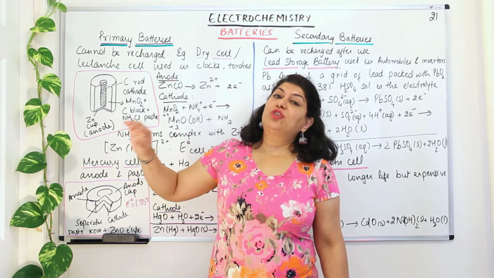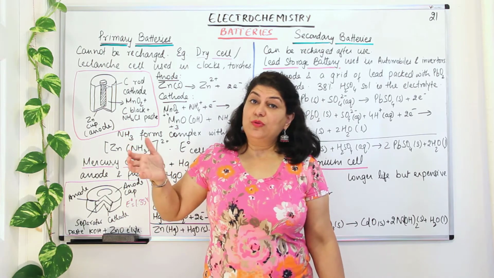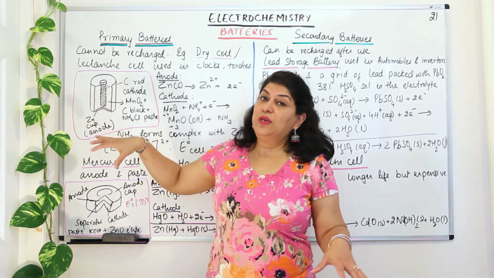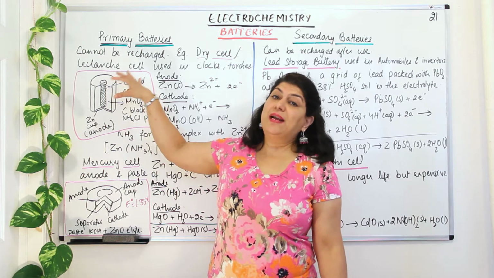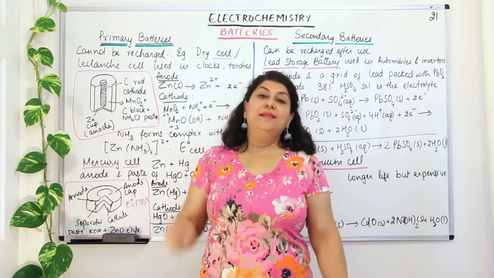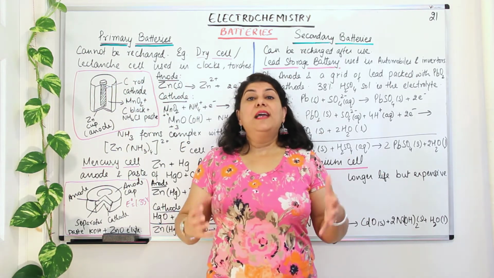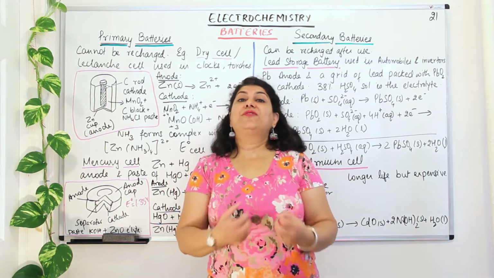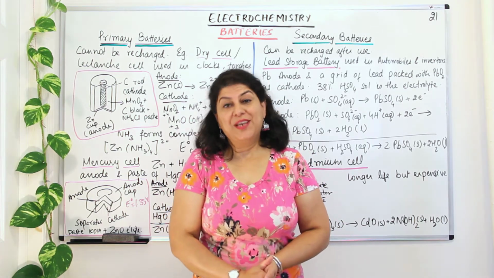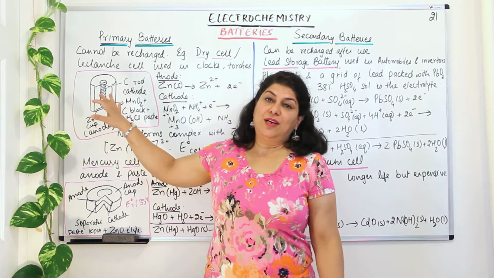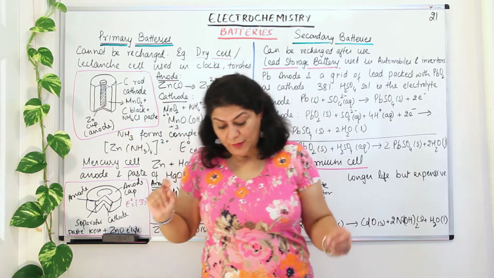Now, we have studied about electrolytic cells in the previous two videos, and in this video we are going to start studying about batteries, which are electrochemical cells, which means cells in which a chemical reaction gives rise to electric current. So let us start our study about batteries.